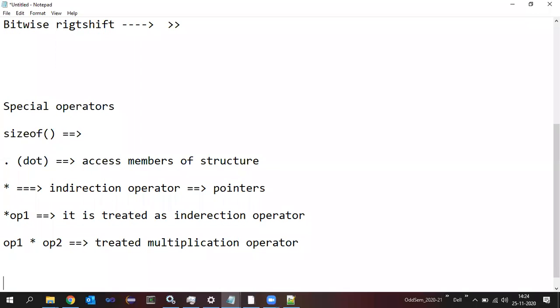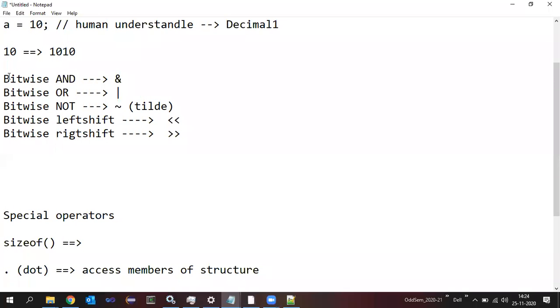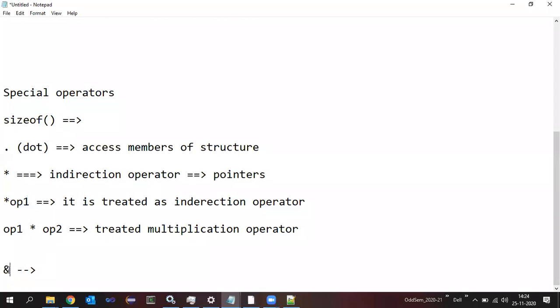Yes, sir. Then the last special operator is something I have already explained to you: the & symbol. Again, if you notice, sir, you just explained the bitwise and, which is represented with the & symbol. Again, you are putting one more & symbol in the special operators. Then how is it different?